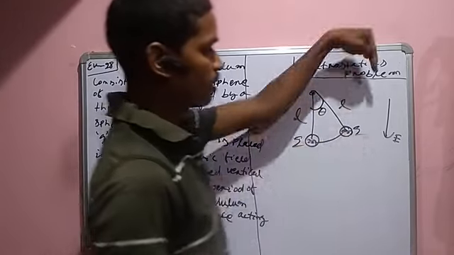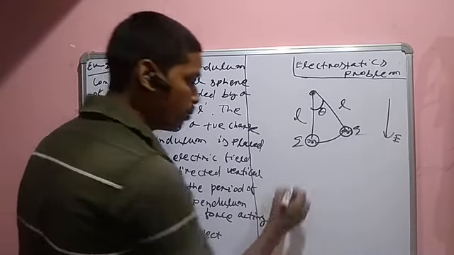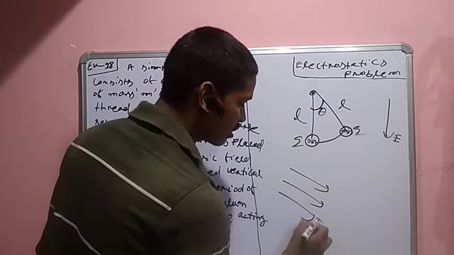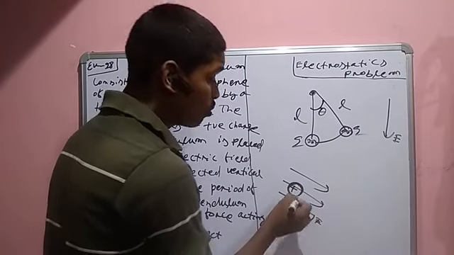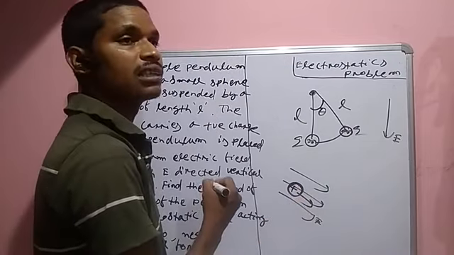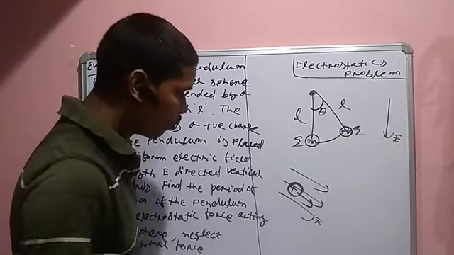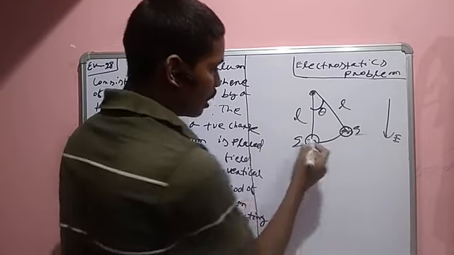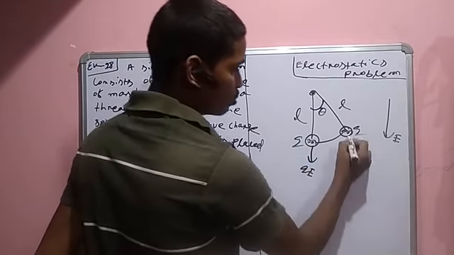But the electric field is downward. We already know that when a positive charge is placed inside an electric field, the force on the charge is in the direction of the electric field. So wherever this charged body is, the electric field is here, and the force is here.